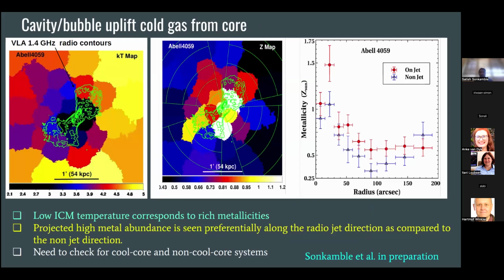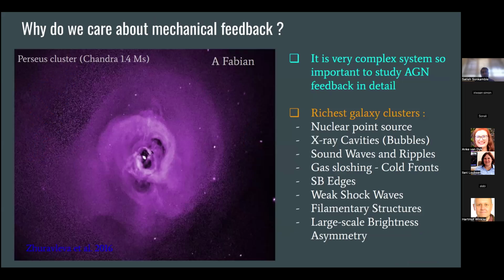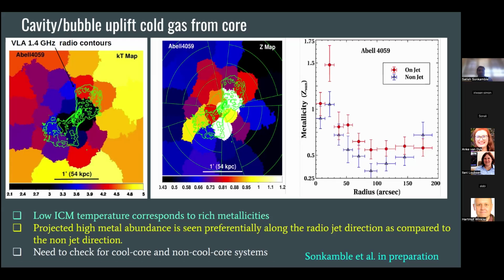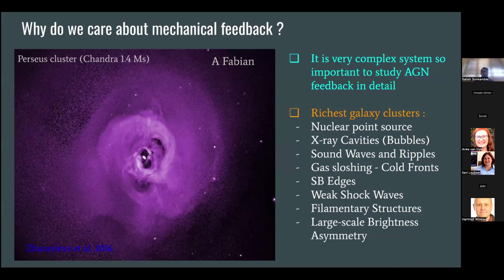In the jet direction, we get much higher metallicity compared to the non-jet directions, and because of the cooling flow, it is a cool core cluster. Therefore, the central temperature is lower. So this bubble is also responsible for uplifting the cool gas from the center outward.